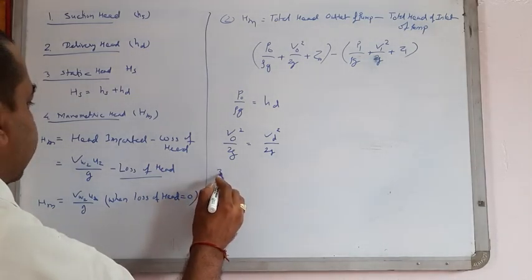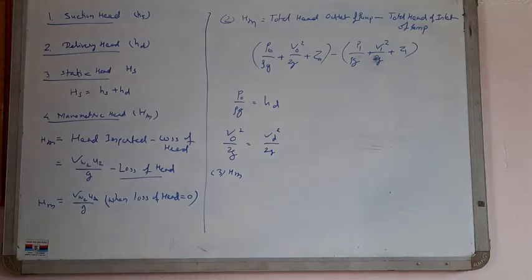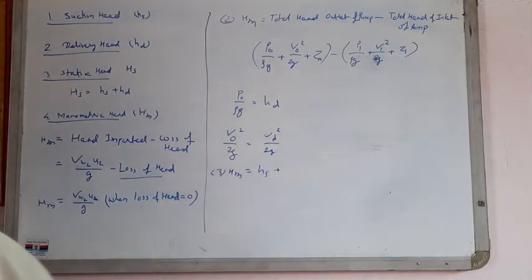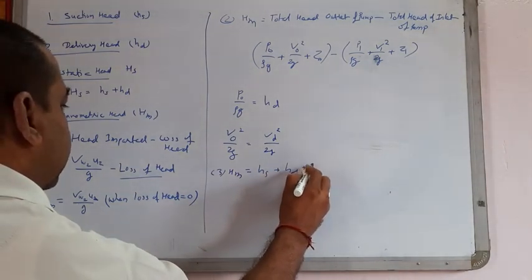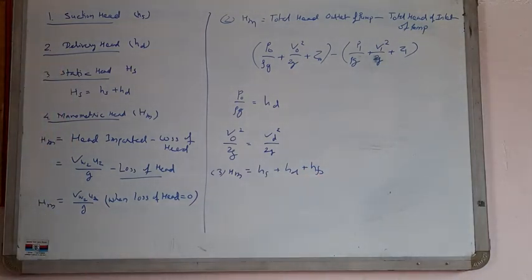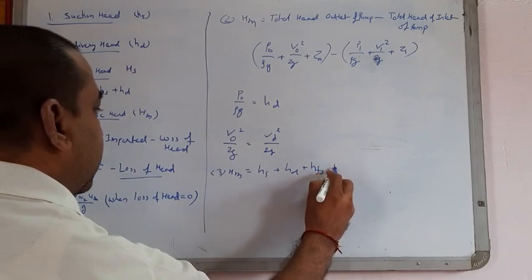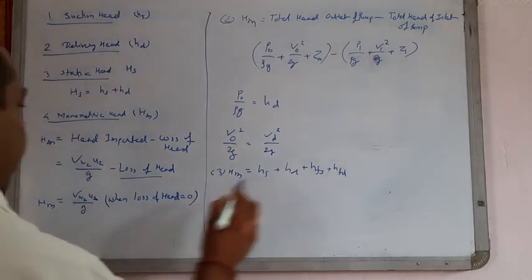Then next type is Hm equal to hs plus hd plus hfs plus hfd plus Vd square by 2g.